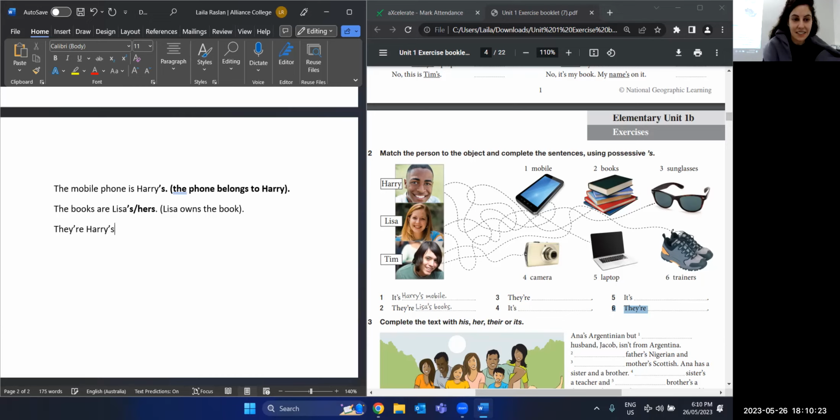Harry's sunglasses. Yeah, they're Harry's sunglasses. They are Harry's, his. So we can replace this with his. Yeah, they are Harry's sunglasses. So that was 3.